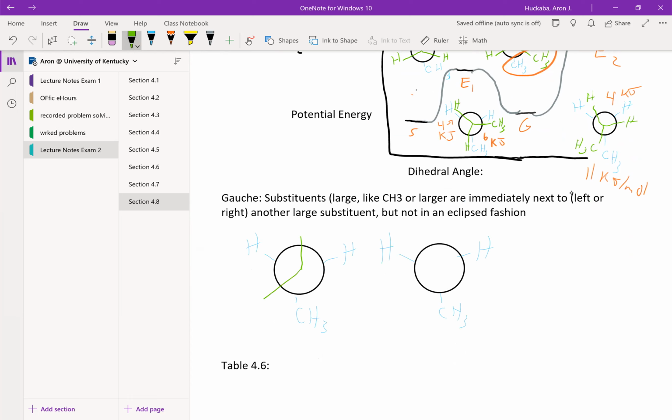Because they're both free from any eclipsed interactions, but one has a CH3 on one side, and one has a CH3 on another side. So the gauche interaction is here and here on the other. Okay, these both have the same exact energy. You can see that clearly in your book on pages 154 and 155.